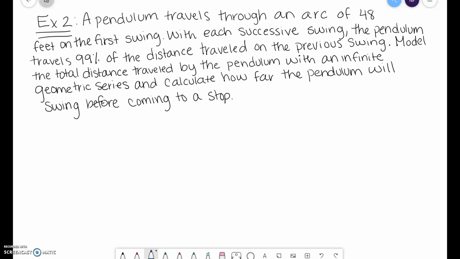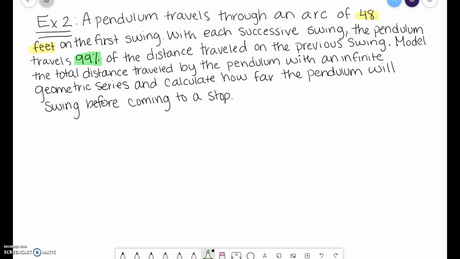So we are going to be looking at a few things. So let's highlight the key information. So it says the first swing is 48 feet. So that is going to be my A1, my first term. And then with each successive swing, it's going to go 99%.